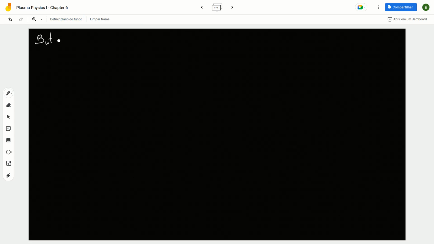But v has a fluctuation component plus a mean component, right? Then I can write gamma alpha jn as this.